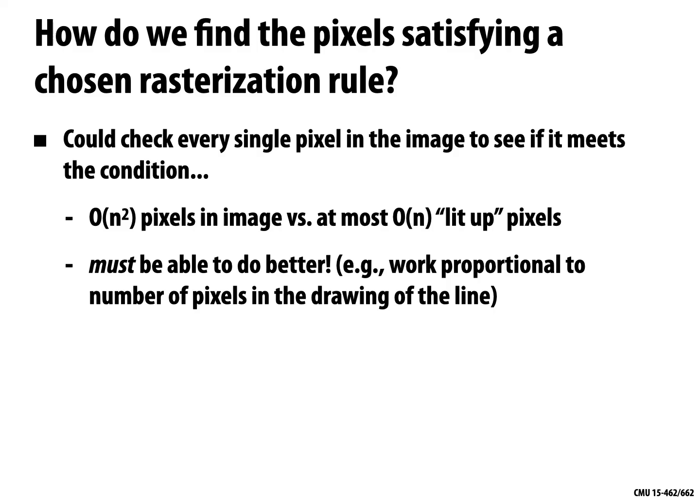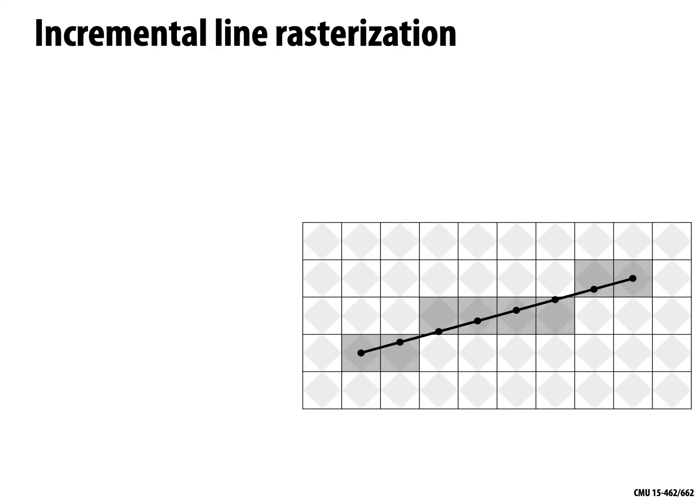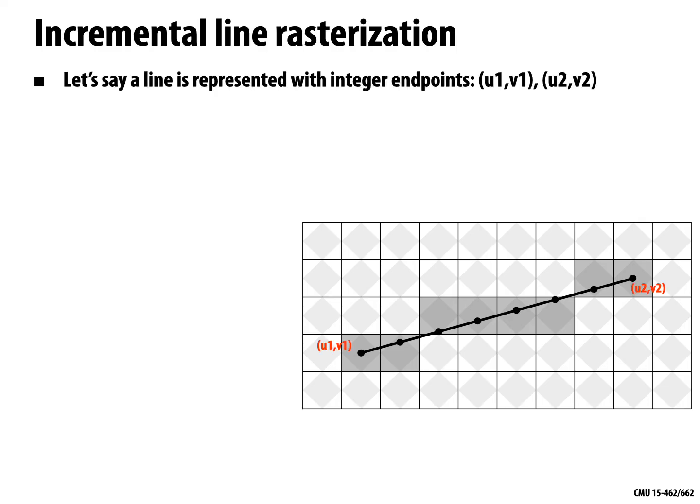There must be a way to do an amount of work proportional to the number of pixels in the output rather than the number of pixels in the image. So this leads to an idea of incremental line rasterization. Let's say a line is represented, again, with two endpoints, u1, v1 and u2, v2. There they are. And for simplicity, we're going to assume that these are integer coordinates, and those integer coordinates correspond to the centers of pixels.